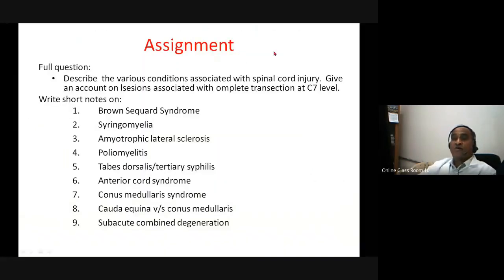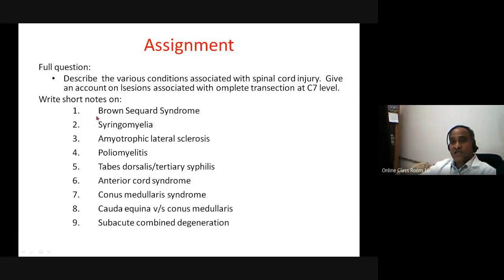Okay, so now I'm trying to give you some long questions and short notes for this topic. Describe various conditions associated with spinal cord injury. Give an account of lesions associated with complete transection at C7 level.